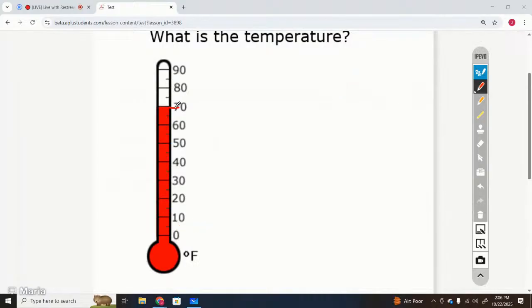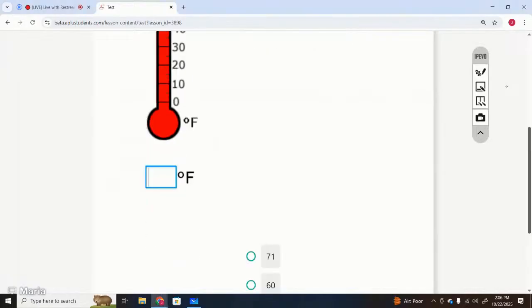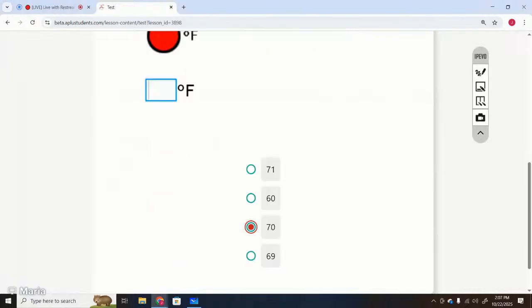So it matches with 70 degrees F. That is 70 degrees F, option number 3.